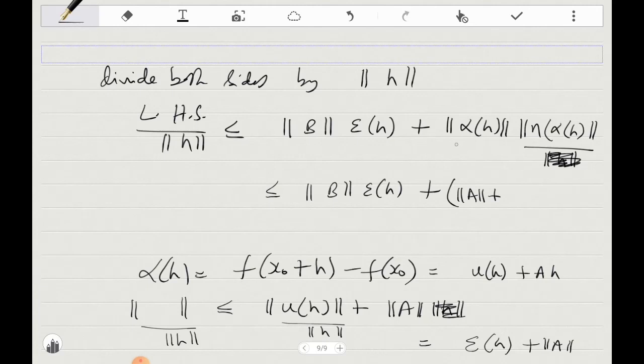Finally we are done. So we can let H go to 0. I know that epsilon H goes to 0 as H goes to 0.